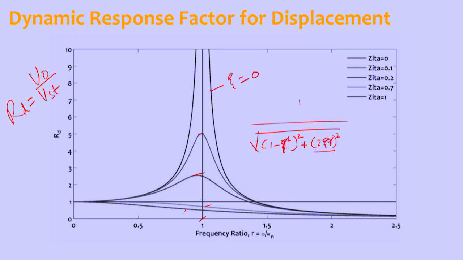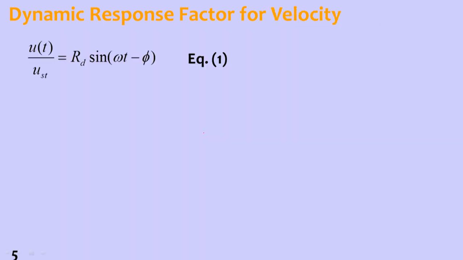When r is 1, this will become 0. That means the amplitude of the Rd value will be infinity. When we introduce say 10% damping, 20% damping, suddenly the peak value gets reduced. This is the dynamic amplification factor for displacement.